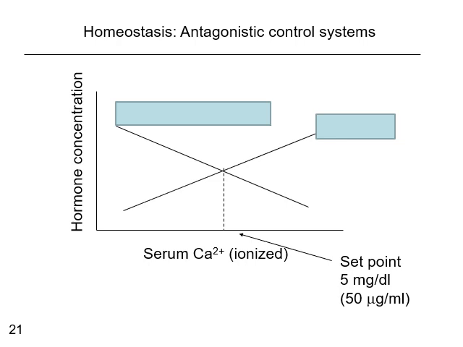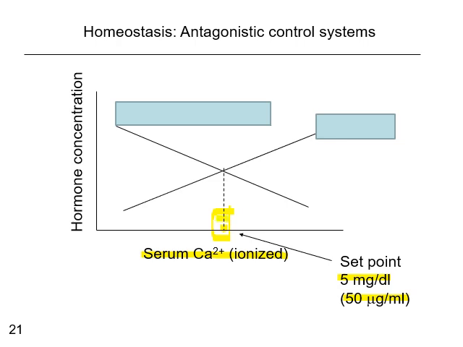Well, so we've heard about antagonistic controls of calcium. We have a very narrow set point for serum calcium, 50 micrograms per mil, which is also 50 milligrams per deciliter. A narrow normal range of serum calcium is healthy.